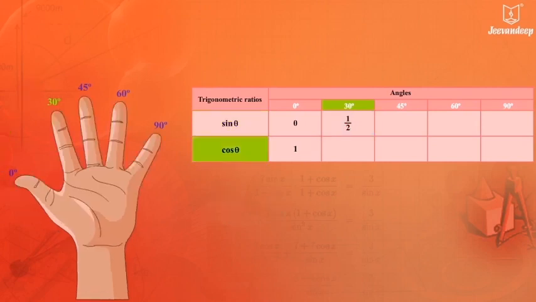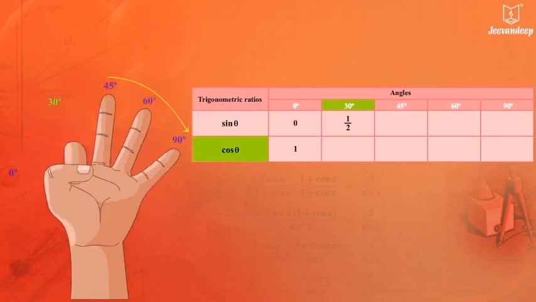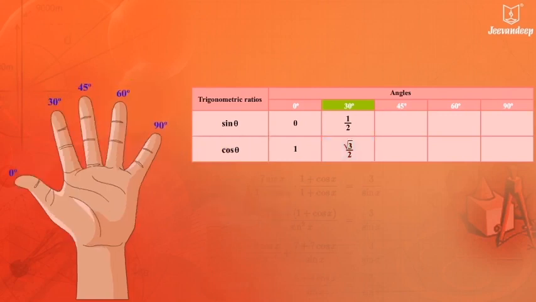For cos 30, count the number of fingers towards the right of the index finger. It's 3, that is 3 upon 4. The square root of 3 upon 4 is root 3 upon 2. Hence, cos 30 is root 3 upon 2.